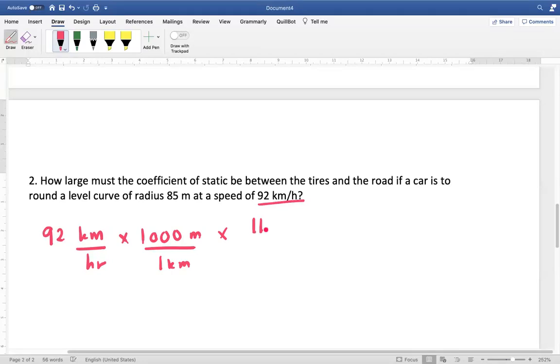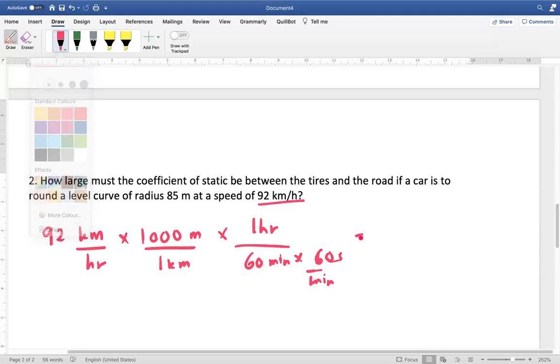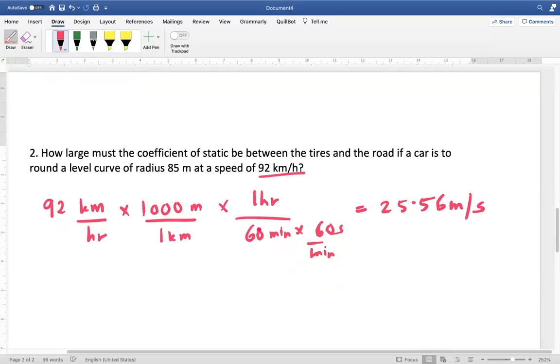And then 1 hour is 60 minutes times 60 seconds, right? So it becomes 60 times 60. Then 92 times 1000 divided by 60 divided by 60 gives you 25.56. Okay, so now we go to the question.